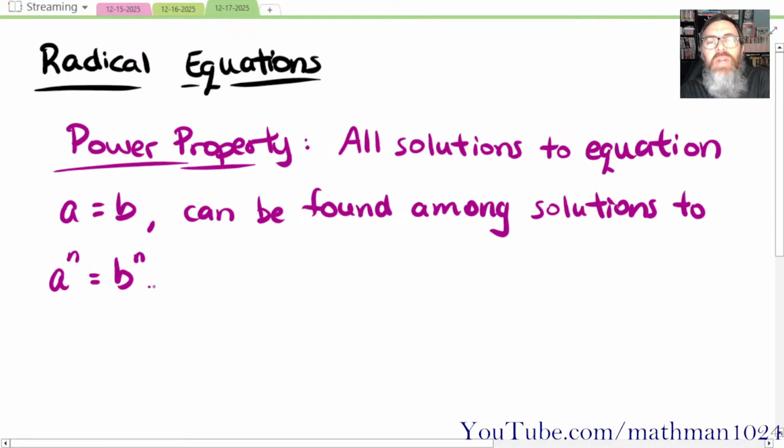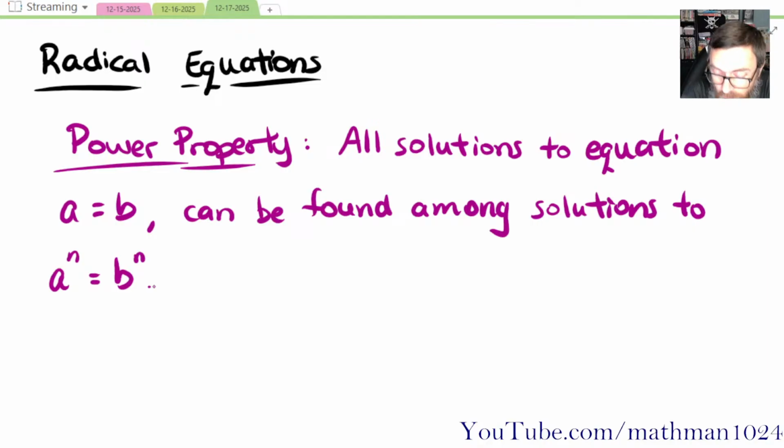In other words, if you raise both sides of the equation to the same power, any solutions that were present in the original equation will be found among those new solutions.